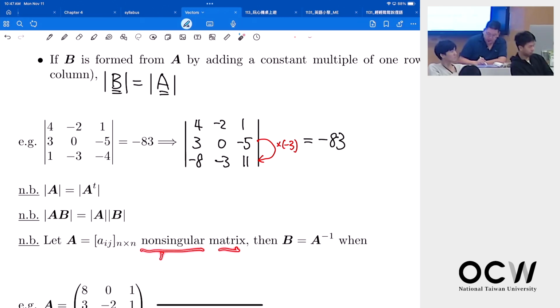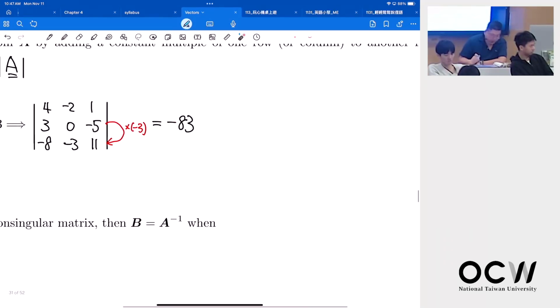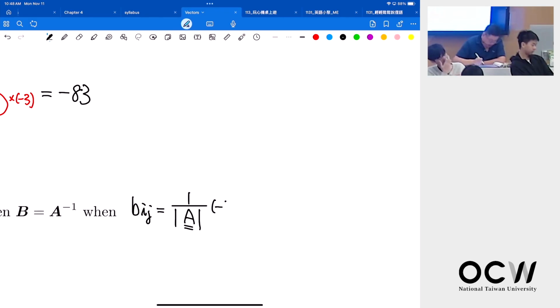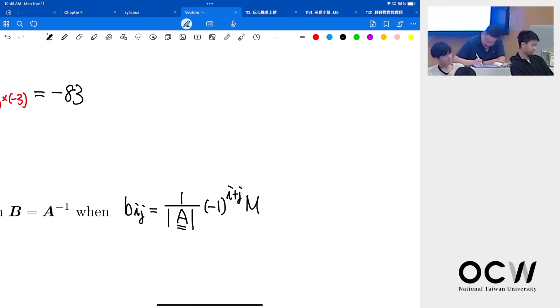Then B, the inverse matrix of A, has element B_ij equal to 1 over determinant of A, times minus 1 to the power i plus j, times the minor determinant. This minor is not ij, it will be ji.